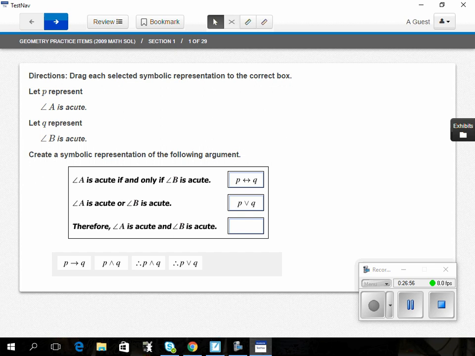Therefore is the three dots. And then I have the and. The and looks like a capital A, up and down, without the crossbar. So it would be therefore, that's true. That's a drag and drop situation using our symbols. This is one of the easiest questions to get on the SOL. All you do is memorize the symbols. That's really all it is. Okay, perfect.